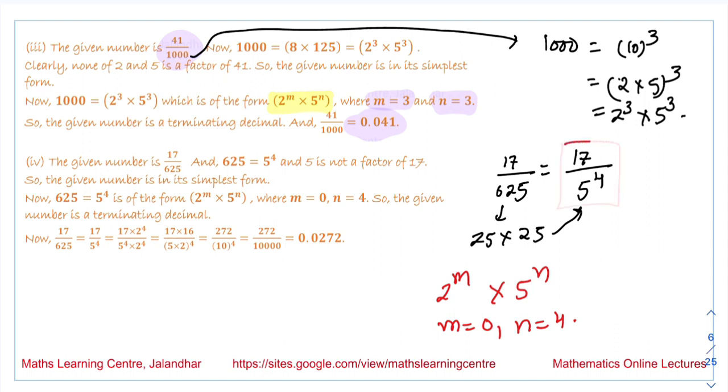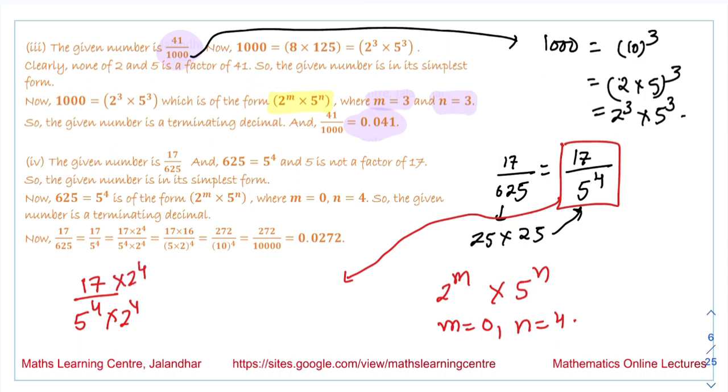So it means this number will have a terminating decimal representation, and when we calculate the value of that decimal, the answer will be 17 by 5 raised to the power 4 into 2 raised to the power 4 into 2 raised to the power 4. So it becomes 17 into 16 over 10 raised to the power 4.